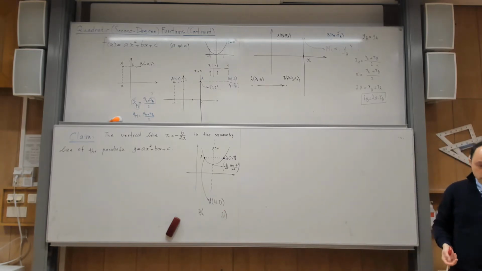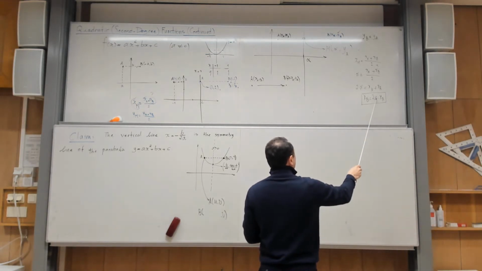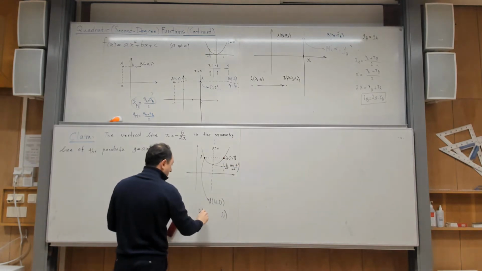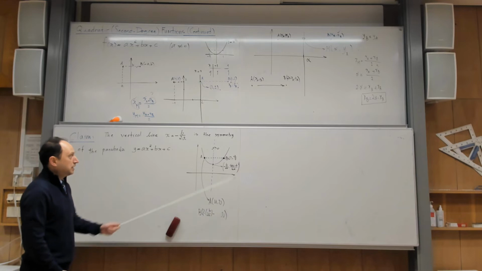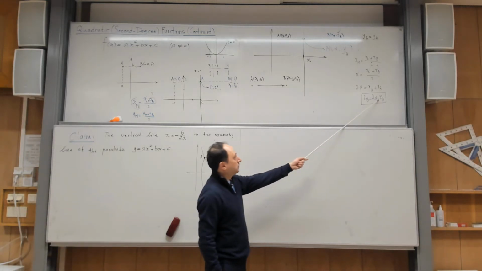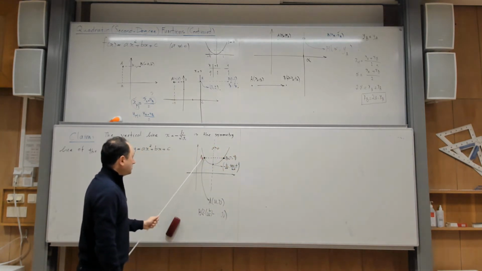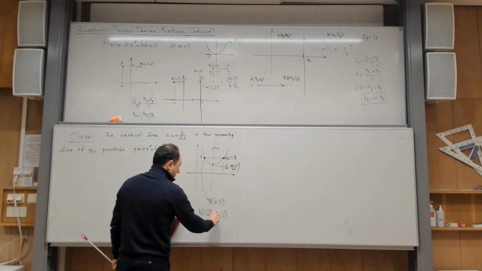Minus b over 2a, yes? And then I have to multiply alpha by 2, and then minus, can you tell me what? Minus x of A, the x of the starting point. What is the x of the starting point? It is u. Yes? So I have to write u.